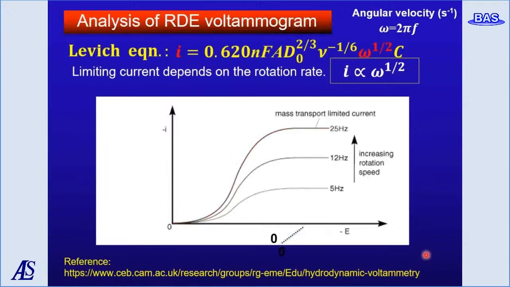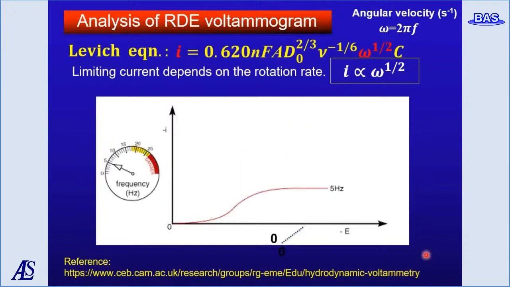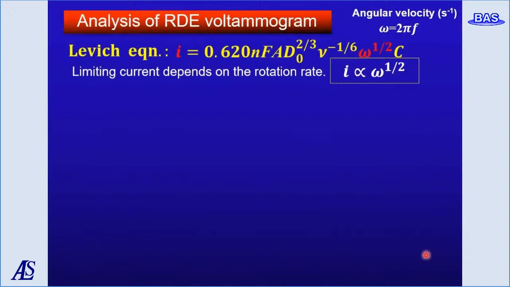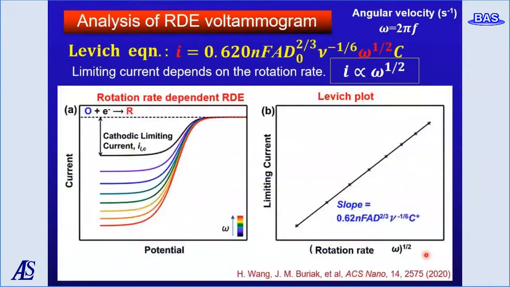For analyzing RD voltammetry, we should measure the IV curve at several different rotation rates and check the rotation rate dependence by the Levich equation. That is, the current is proportional to the square root of the rotation rate. Please check the linearity, and also that the line goes through the origin.